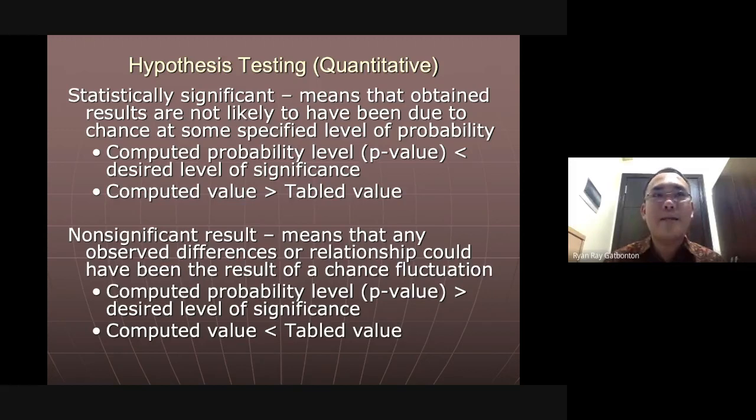It is usually set at 0.05 for studies that are not dangerous to the lives of people, or 0.01, yung mas manipis pa. So if your p-value is less than that level of significance, we can say that you have a statistically significant result.